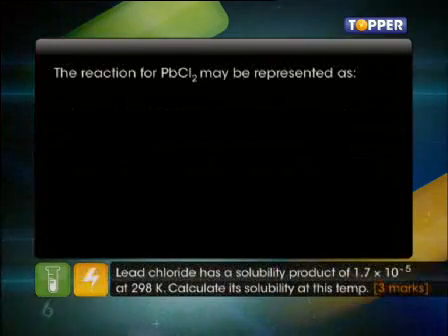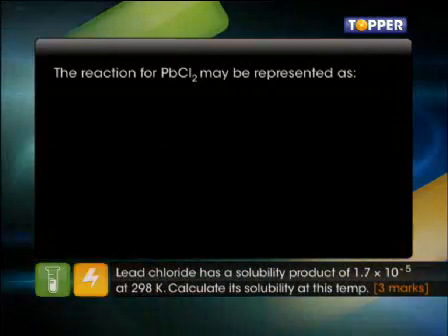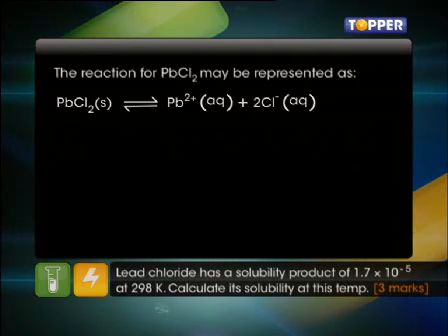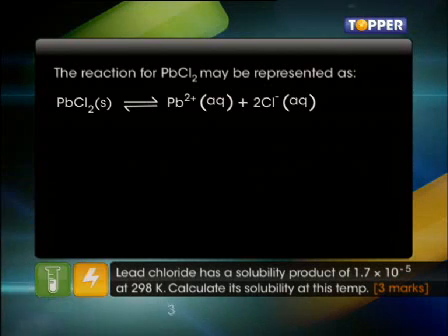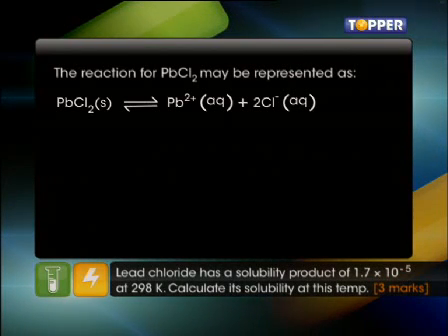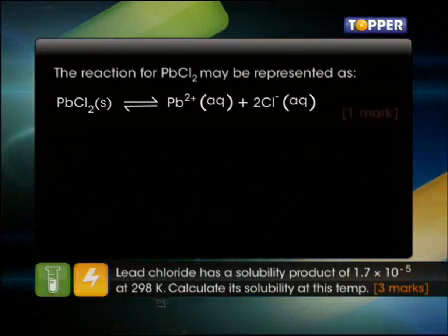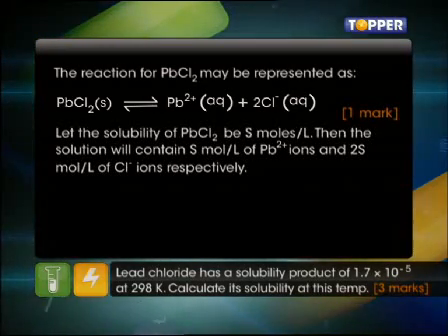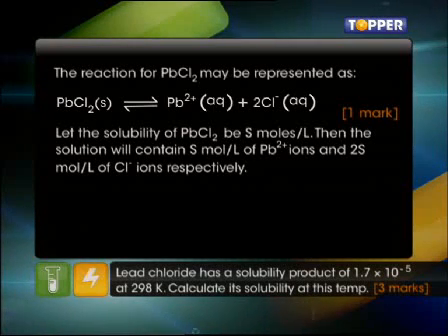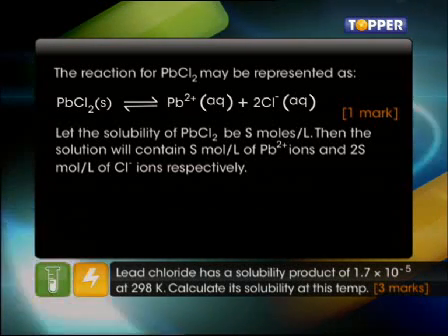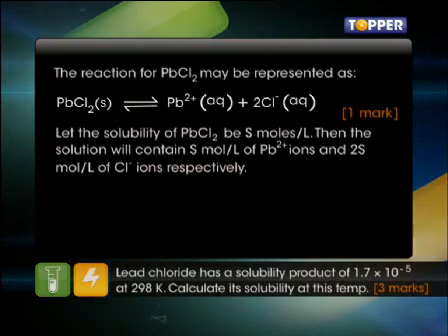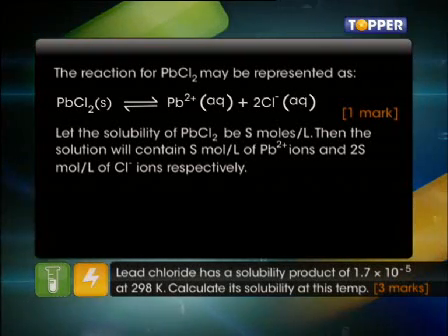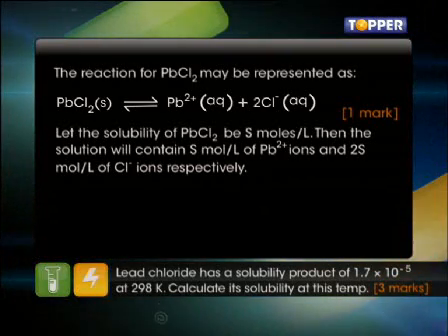The reaction for PbCl2 may be represented as PbCl2 gives Pb2+ aqueous plus 2Cl- aqueous. Writing this balanced equation will fetch you 1 mark. Let the solubility of PbCl2 be S moles per liter. Then the solution will contain S moles per liter of Pb2+ ions and 2S moles per liter of Cl- ions respectively.